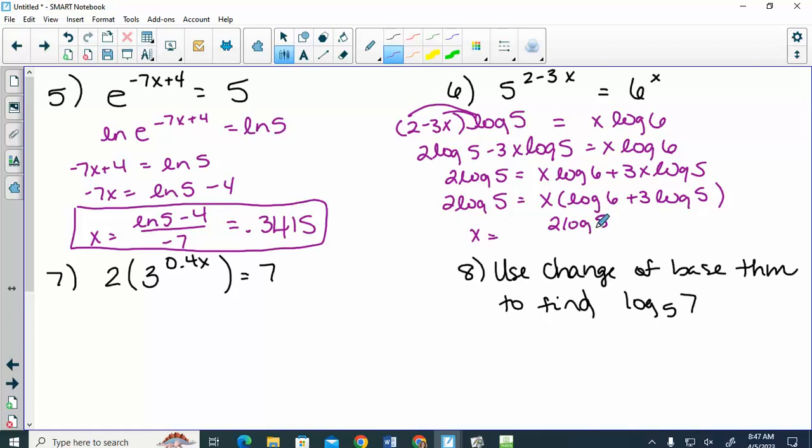So you have 2 log 5 divided by log 6 plus 3 log 5. So if you put that in, you have 0.4862.